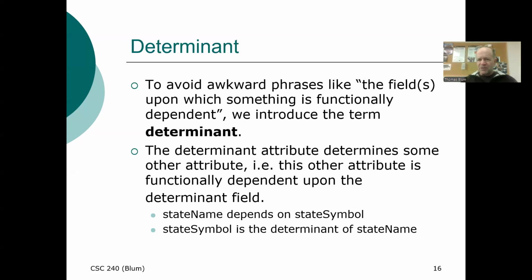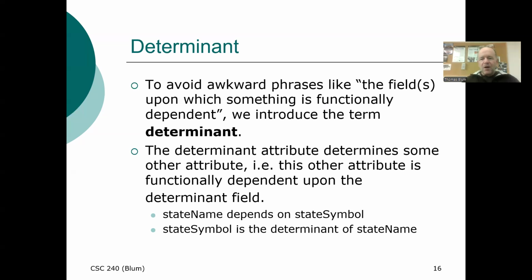But sometimes, to make it a little more active, we can turn it around and use the term determinant. So if I previously was saying B is functionally dependent on A, then I can turn it around and say A is determinant of B. It's just a way of turning the sentence around, to prevent awkward passive voice.